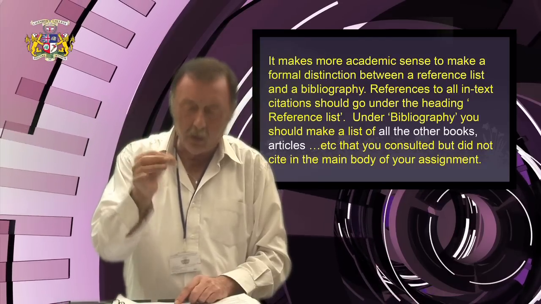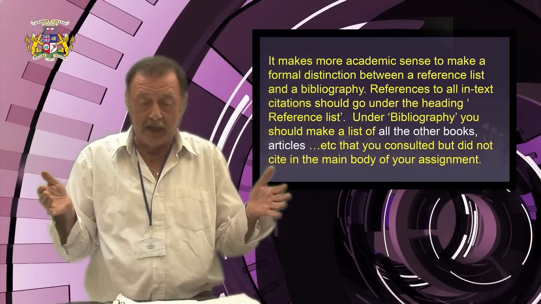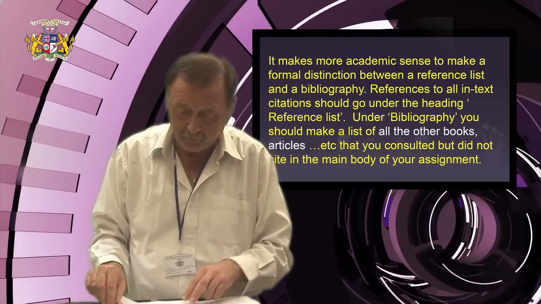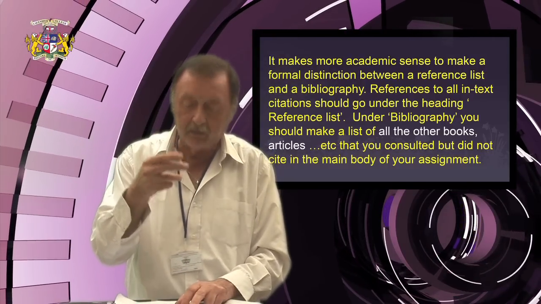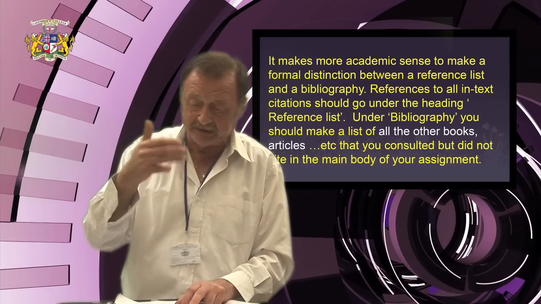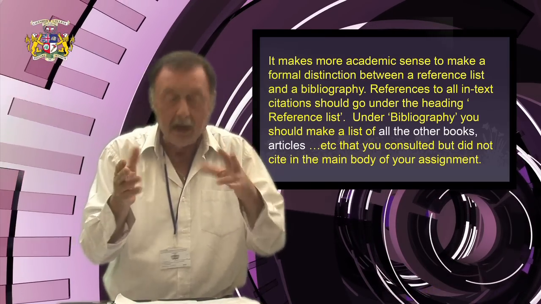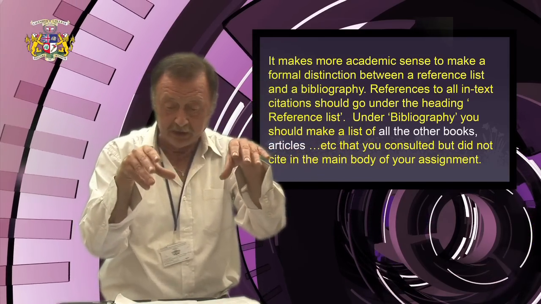References to all in-text citations should go naturally under the heading reference list. Now, under bibliography, you should make a list of all the other books, articles, etc. that you consulted but did not cite in the main body of your assignment.